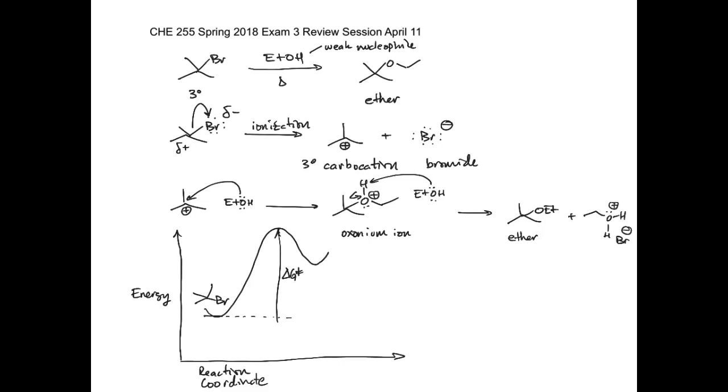But now you have this new thing here, which I'm showing as kind of an energy well. This is called an intermediate, and that's what the carbocation is. It's a carbocation intermediate, meaning it has a little bit longer lifetime than a transition state.